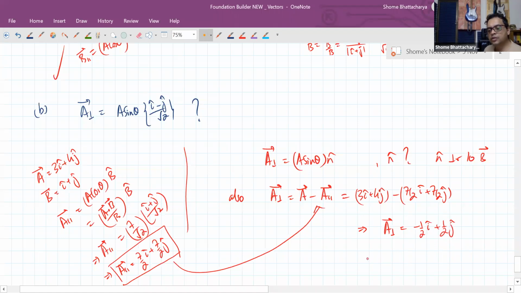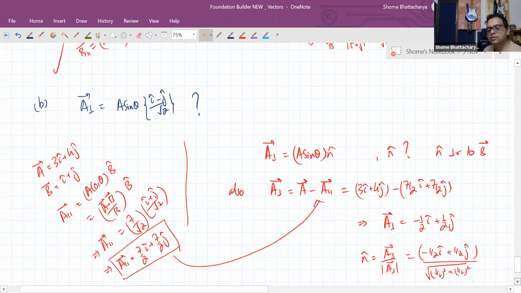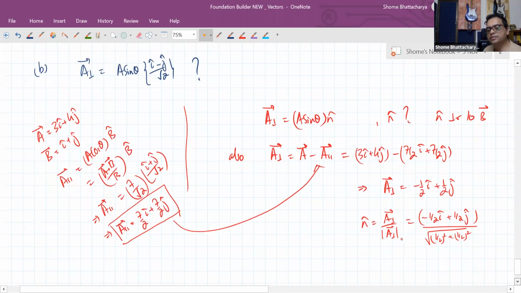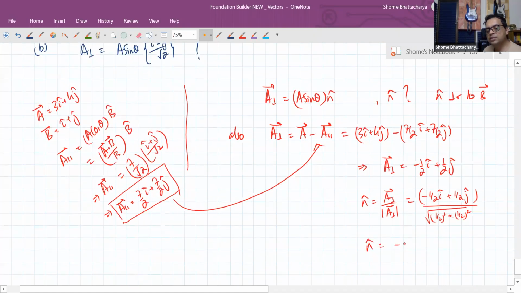Now you can see that n cap, because it is a unit vector, will be this vector divided by its own magnitude. So it is minus half I cap plus half j cap divided by its own magnitude. That n cap will come out to be minus 1 by root 2 I cap plus 1 by root 2 j cap.